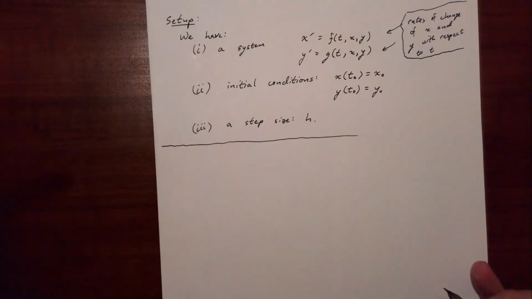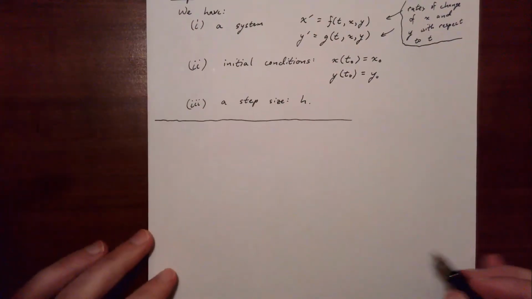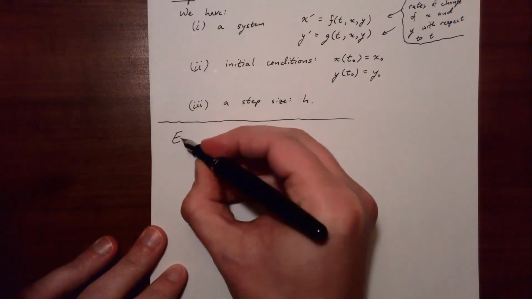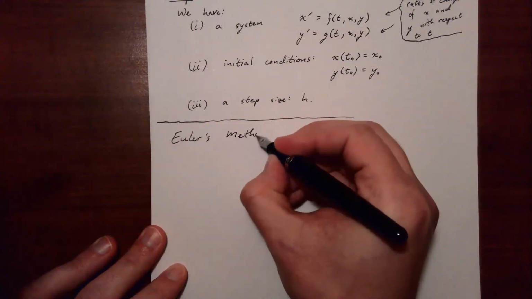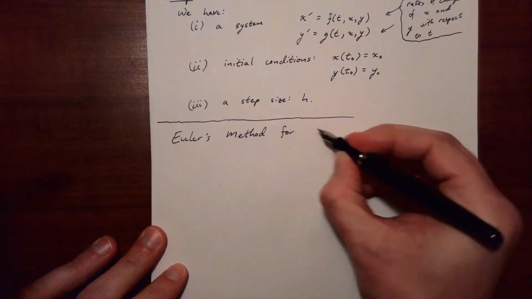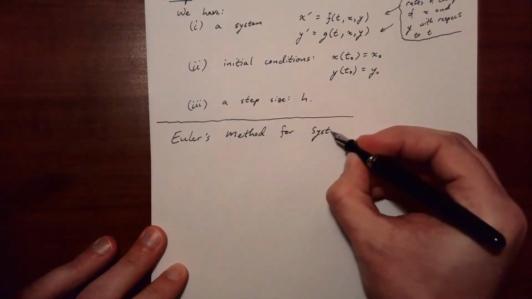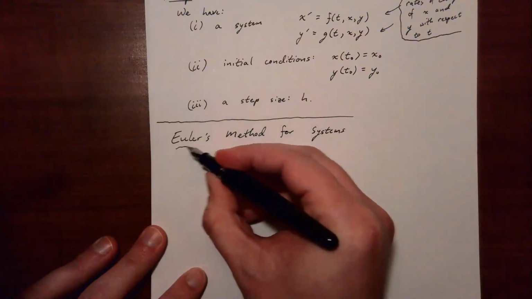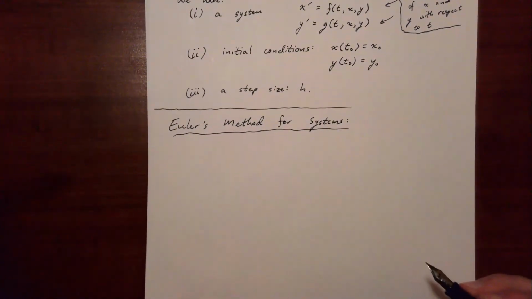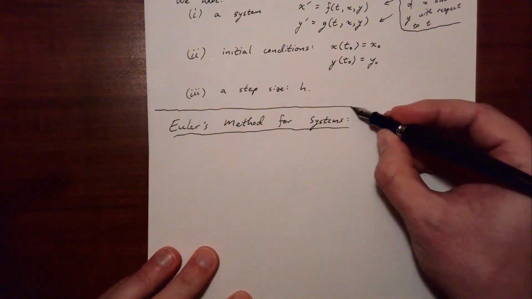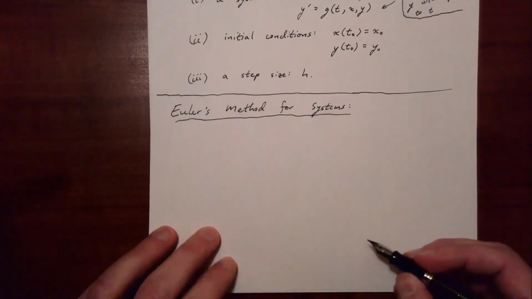So based on that thought, if we want to go with the simplest way of modeling a system numerically, we can just adapt Euler's method. So Euler's method for systems. Essentially here, the philosophy is basically the same as taking Euler's method individually, just for the x and for the y.